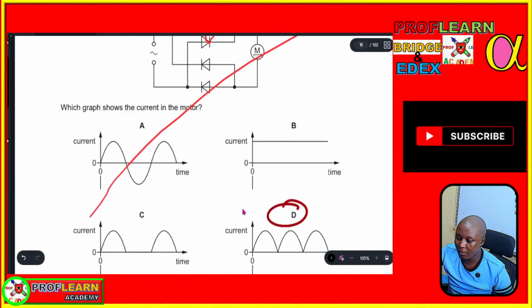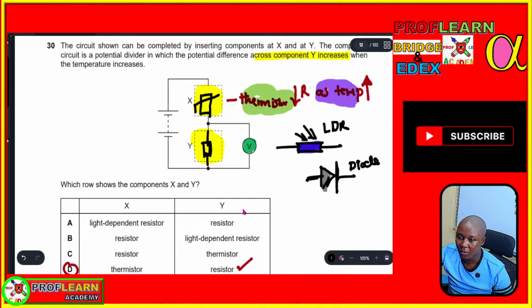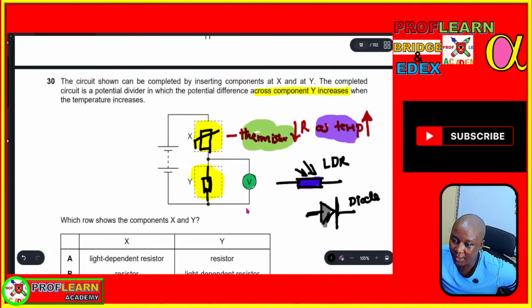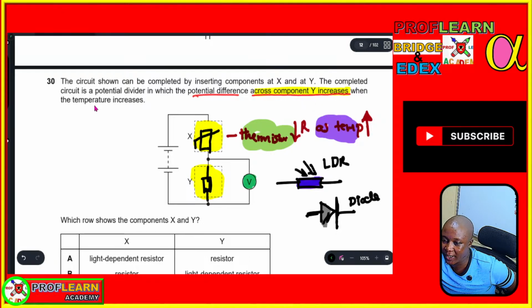Okay, so moving to question 30. Question 30 says the circuit shown can be completed by inserting components X and Y. And then we are told that the potential difference across Y increases when temperature increases.